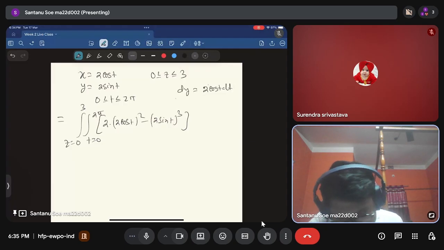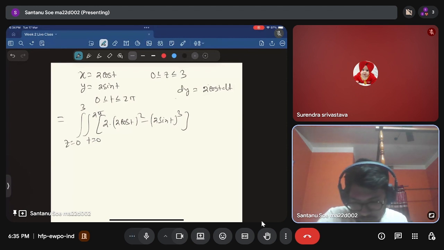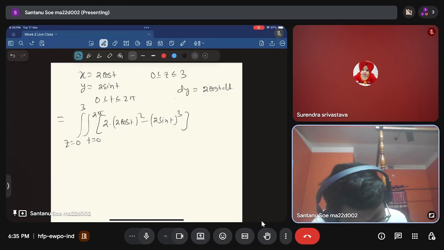Okay, so this is the same as 16 times the integral from 0 to 3, 0 to 2 pi, of 1 plus cos 2t by 2 minus 3 sin t minus sine of 3t divided by 4 dt dz.